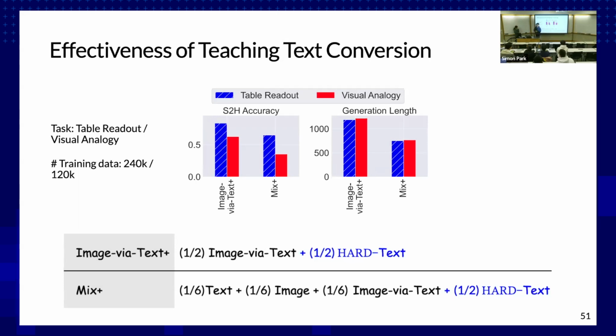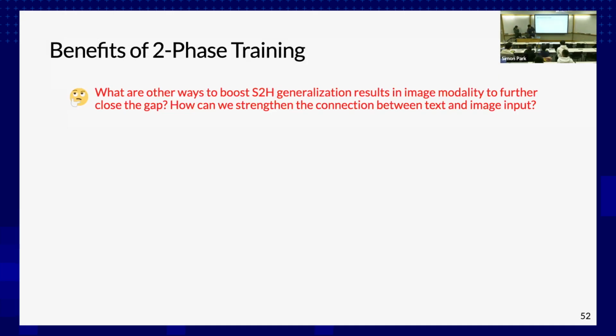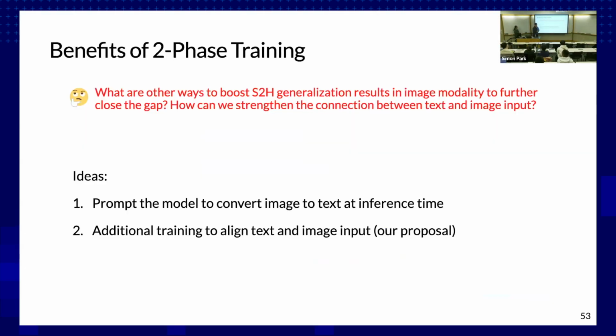The inference cost is high. So we now consider multiple ways to utilize this image via text supervision and adapt it to our mix plus supervision. The first idea is not really tackling the inference time compute, but is reducing the training cost.